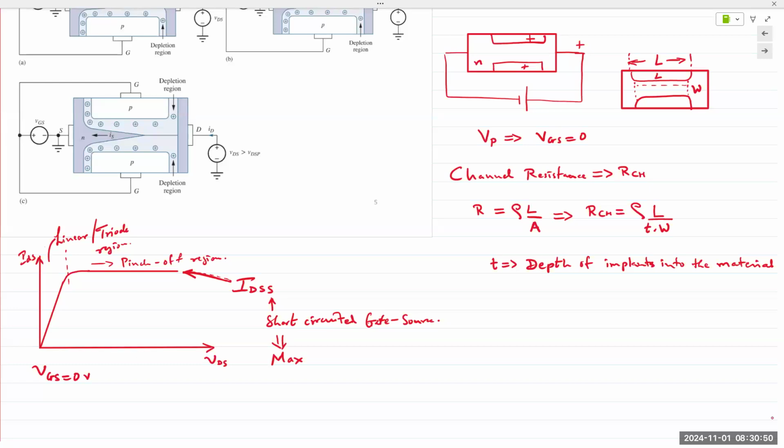All right, so this was for VGS equal to 0. But now let's add both of these together. We have VDS going positive from 0 to some positive value, but now, instead of 0, let's apply a negative voltage to VGS. What do you think would happen? First case, remember, VDS was 0 and we applied VGS negative. What happened? The channel started shortening.